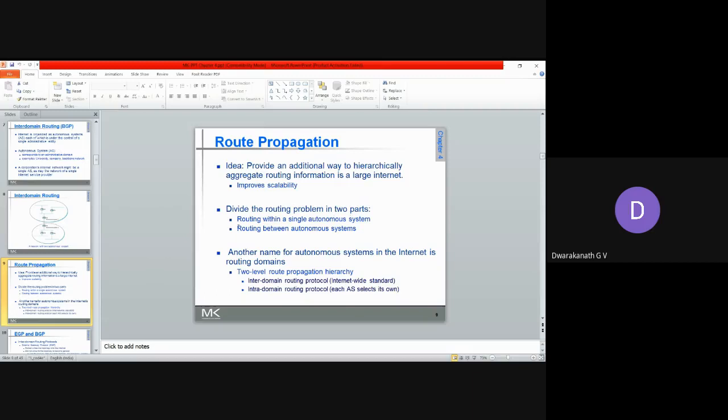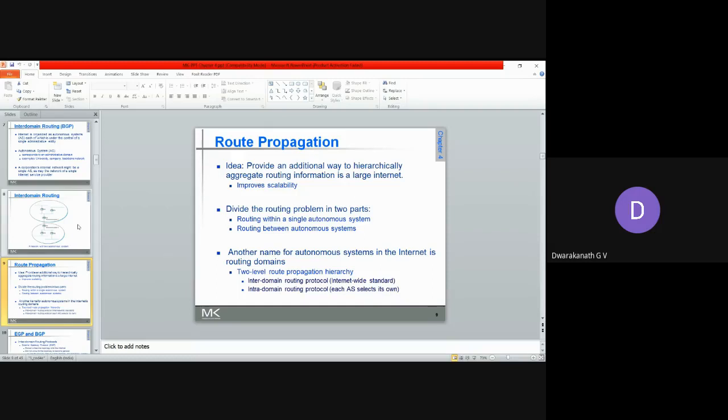Divide the routing problem into two parts: routing within a single autonomous system, and routing between autonomous systems. Another name for autonomous systems in the internet is routing domains. A two-level route propagation hierarchy will be there: the interdomain routing protocol and the intra-domain routing protocol. Each AS selects its own.